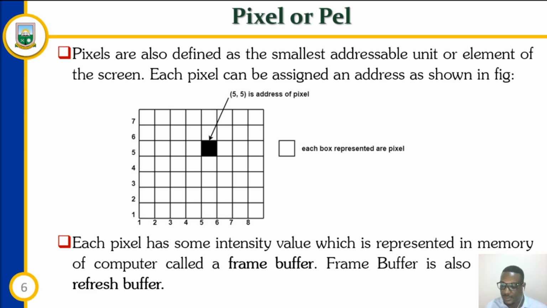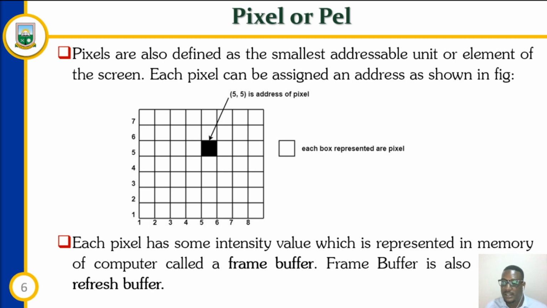In the case of a system having a 1 bit per pixel frame buffer, this type of system is termed a bitmap. In systems where multiple bits per pixel are used, we call it a pixmap, P-I-X-M-A-P.